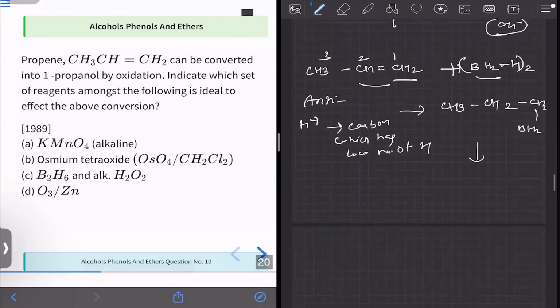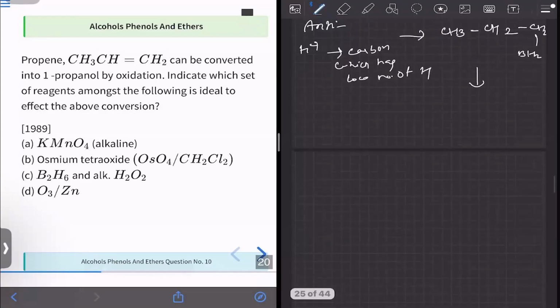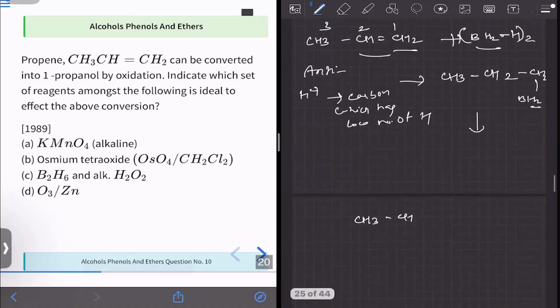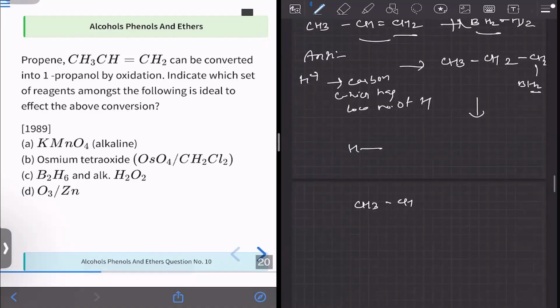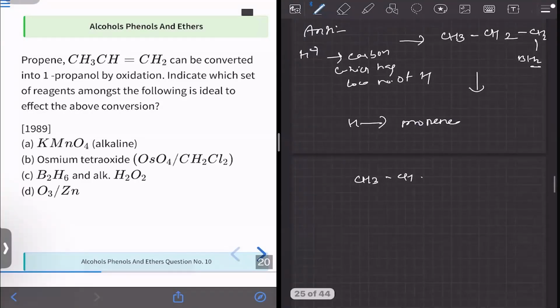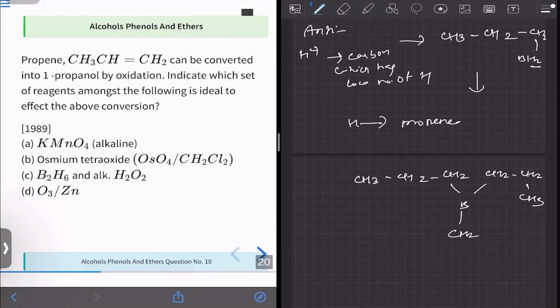On further series of reactions, what does it produce? The remaining hydrogens are also replaced by propene molecules. So it produces B(CH2CH2CH3)3, with three CH3CH2CH2 groups attached.